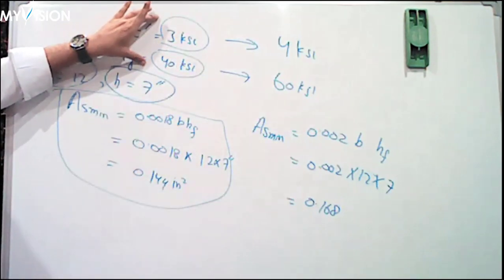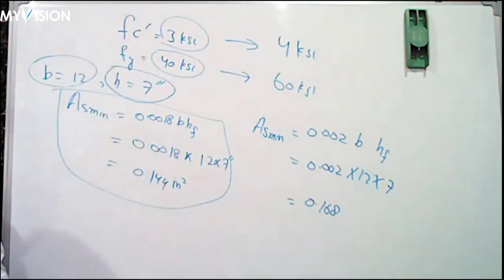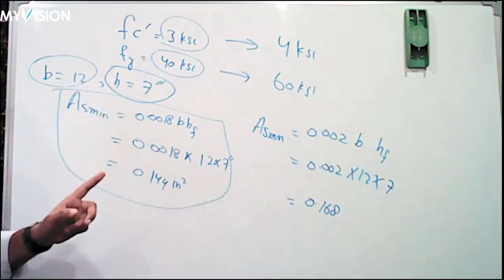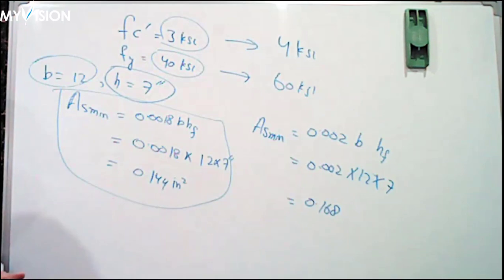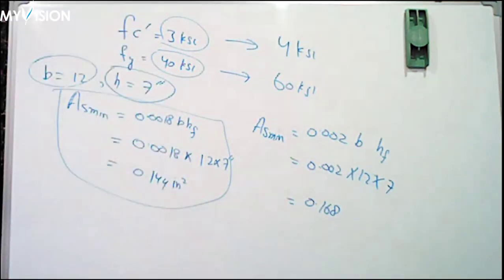If these values are given, I don't remember what your project values are. What is FC prime and FY? Let me confirm.